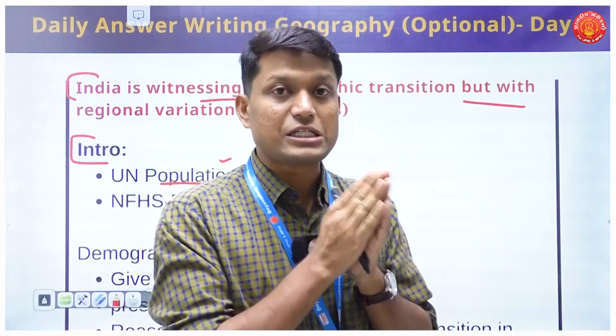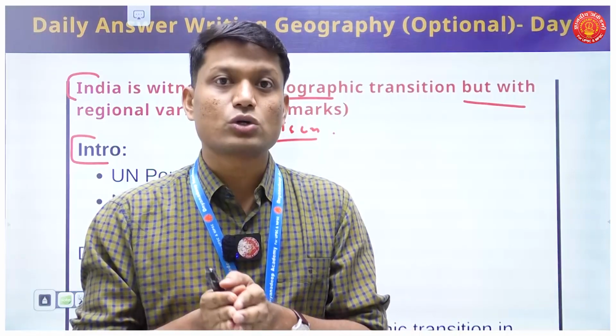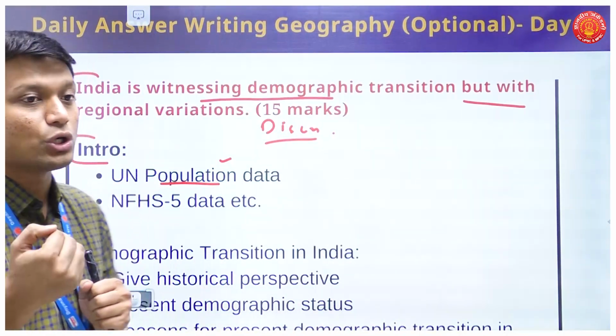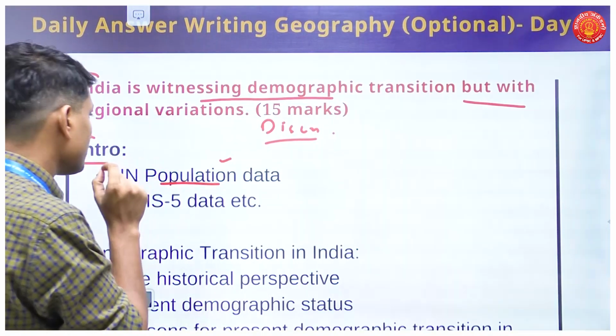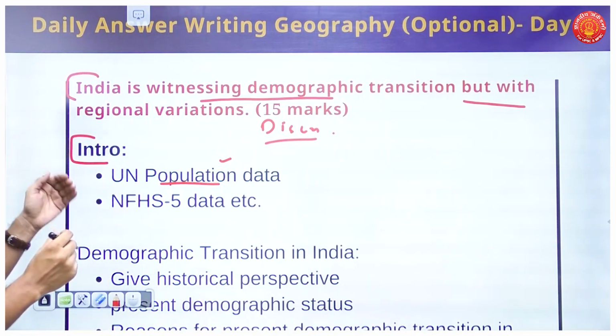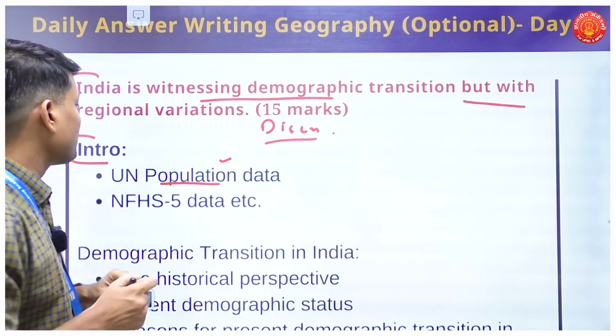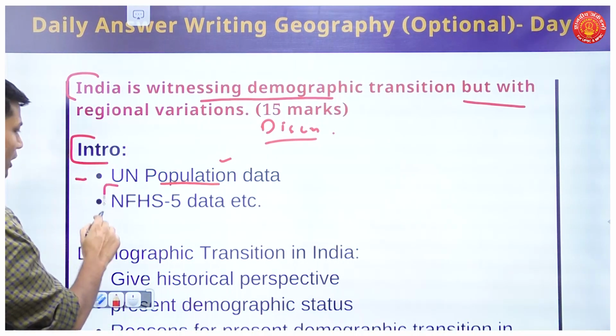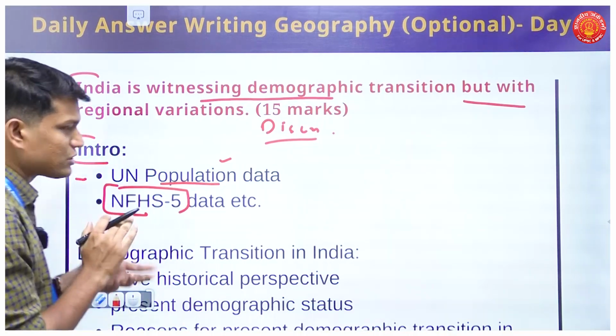Be it for GS notes or be it for optional notes, you have to pick some data from current affairs and add it to your notes. Please leave some space in your notes so that you are doing that value addition on a timely basis. Now when we talk about UN population data, another data I can use is from NFHS 5.